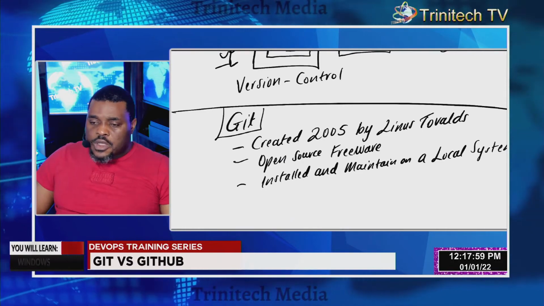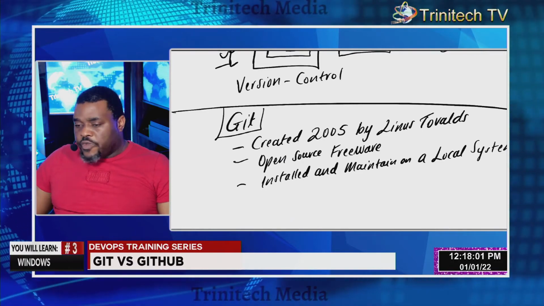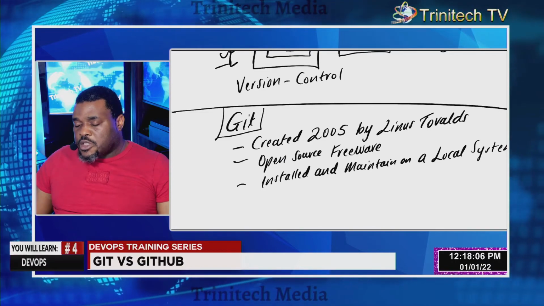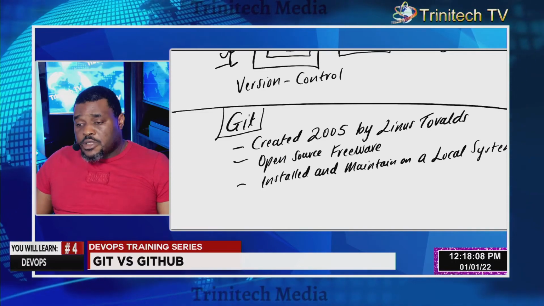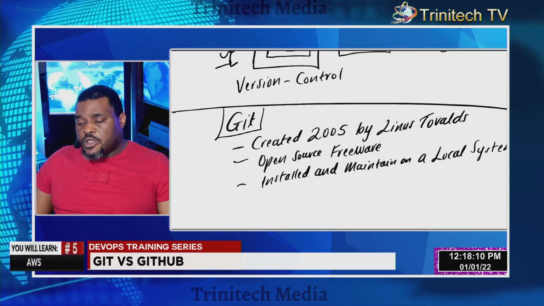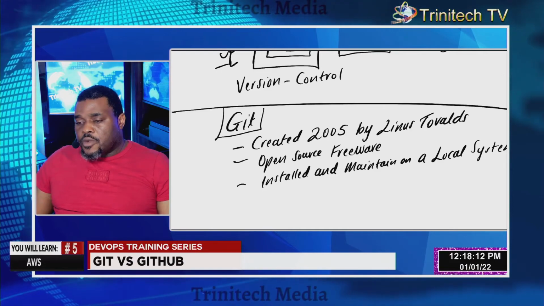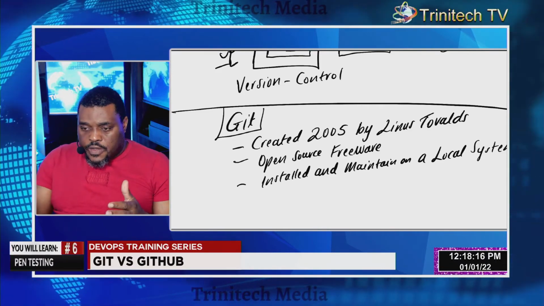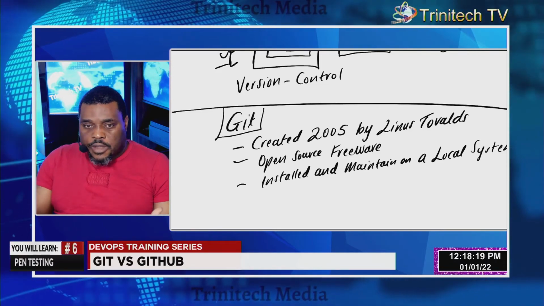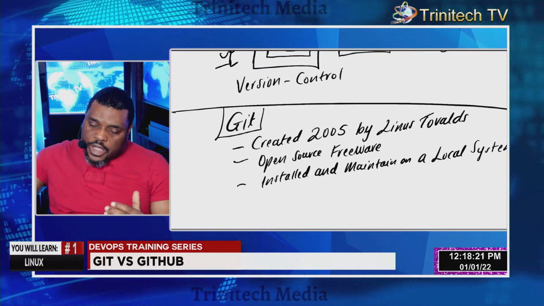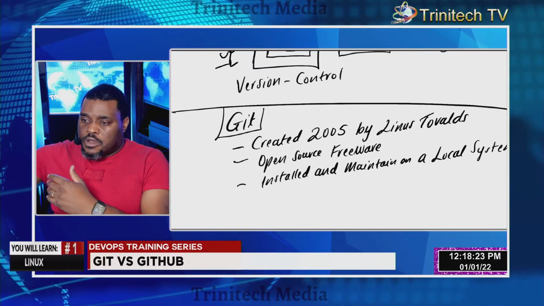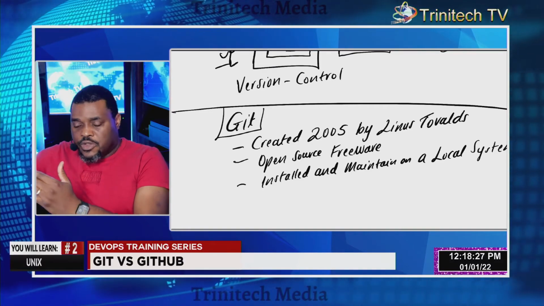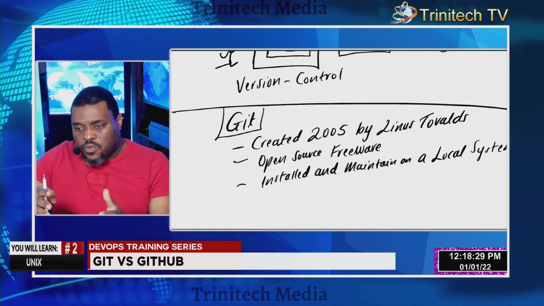It has very robust tools called the branching model. We're going to talk about the branching model as we start looking deeper into Git, which just means that you can start a project, for example building a website, like building the homepage, and then you can branch it out and have maybe somebody working on the service page, or you working on the service page, but using another branch of the project, not the main one.